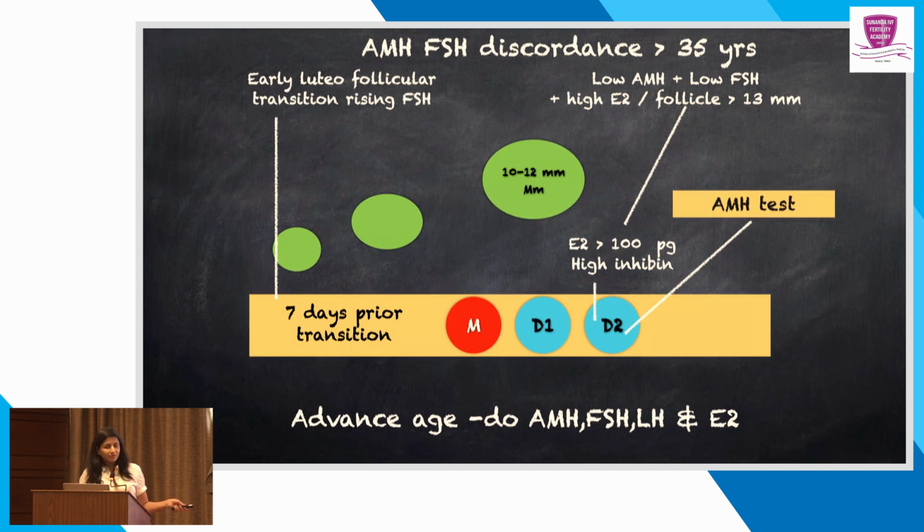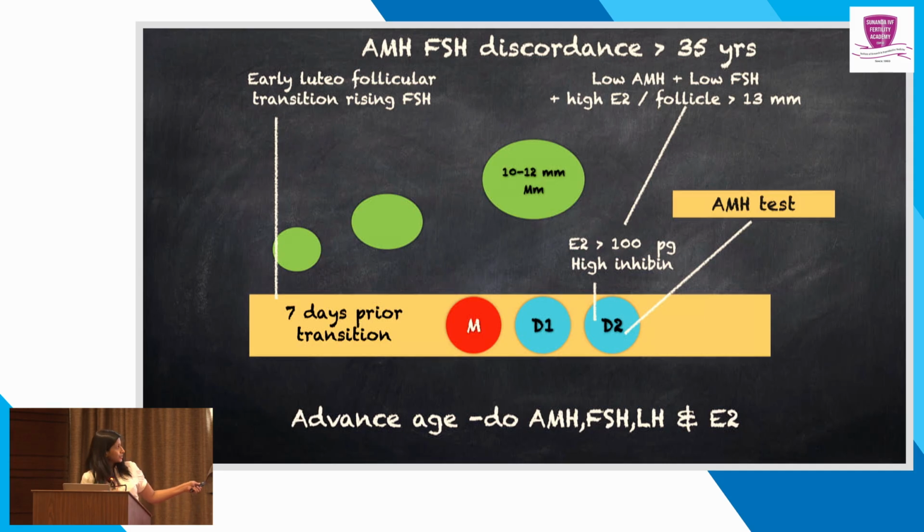Now in this particular scenario, when we have a low ovarian reserve or advanced age with a short cycle, the luteofollicular phase will start 7 days prior. So this girl will start having recruitment 7 days prior to the menses. Now she gets to day 2 of the cycle, and as sir you are asking, on day 2 only you are seeing a follicle which is 10 to 12 millimeter.